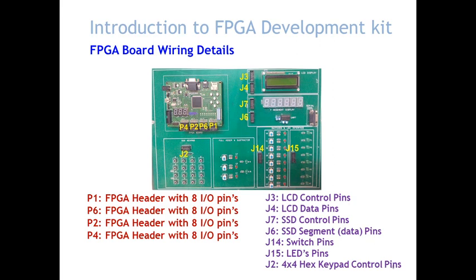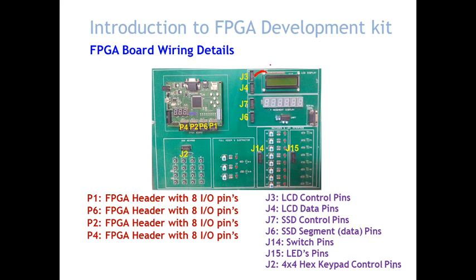As well, on board we have to understand how these headers are connected to interface with the FPGA kit. If we start from the top, this is the connector called header J3. This J3 is connected to the LCD's control signals.